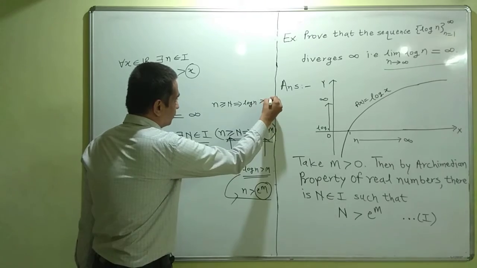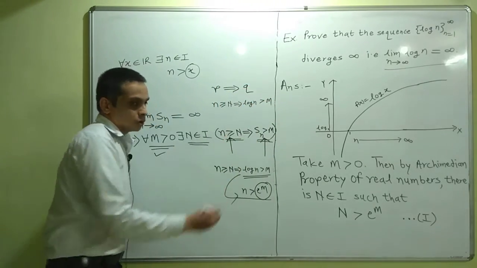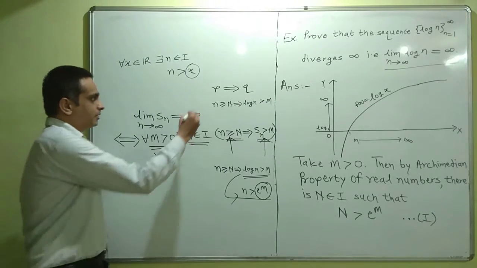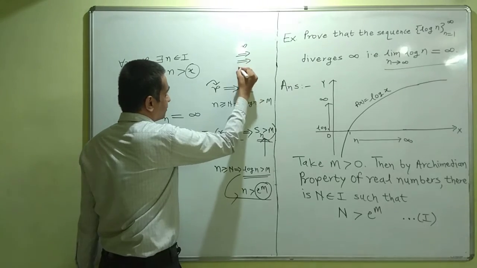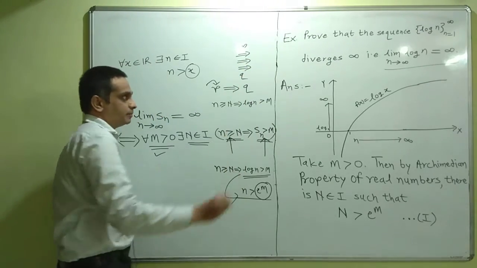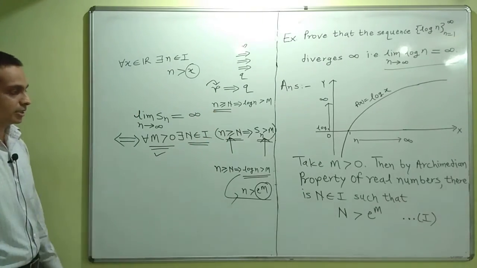So again I will prefer direct proof. What is direct proof? P implies Q. I will begin with P and after sequence of arguments I will arrive at the statement Q. So I am going to begin with this, n is greater equal to N. Okay.